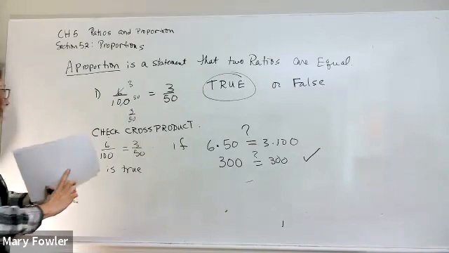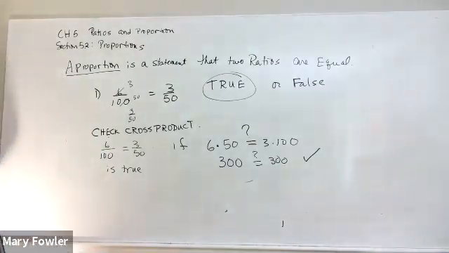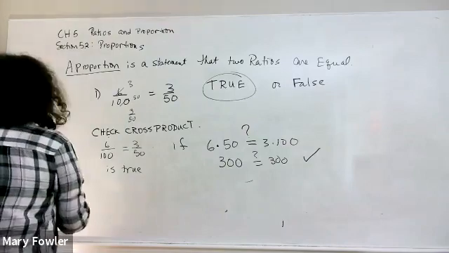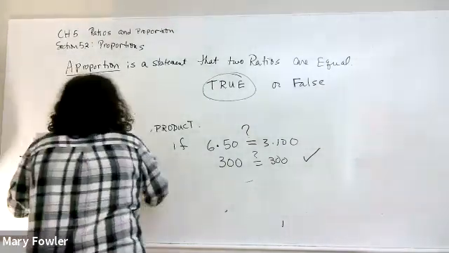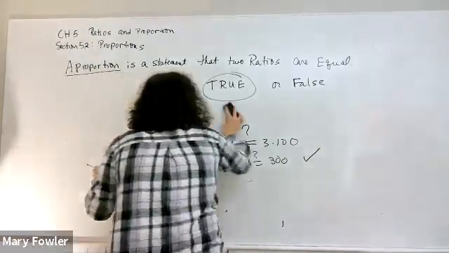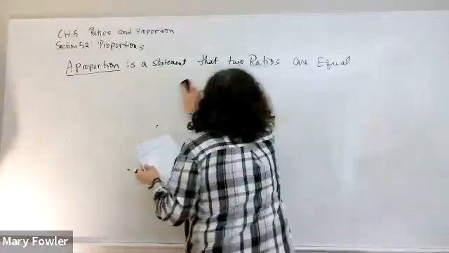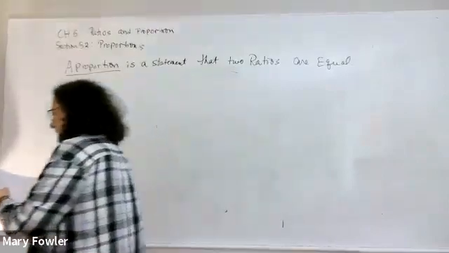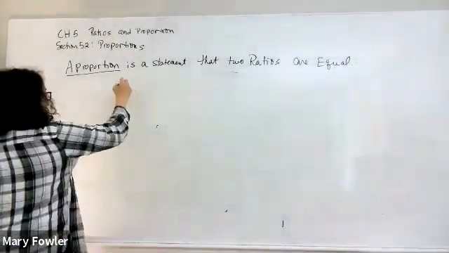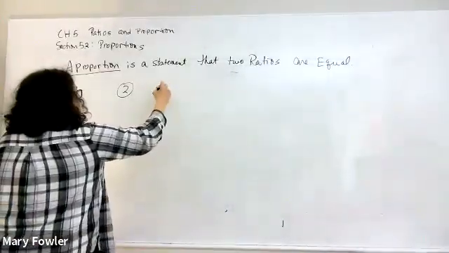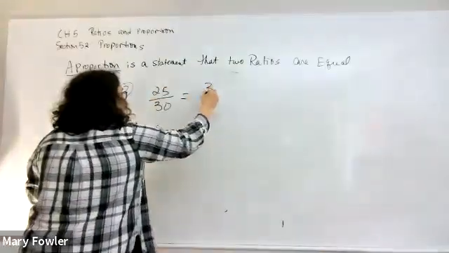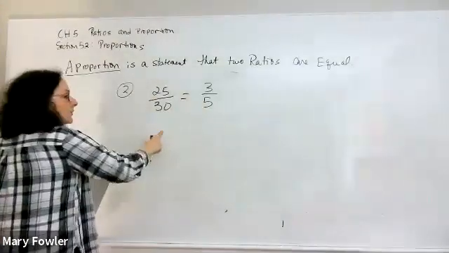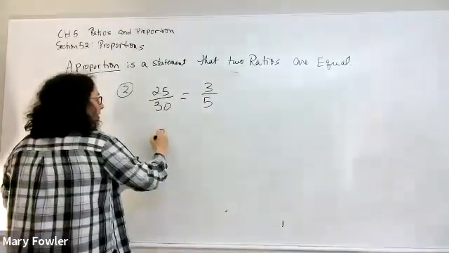Okay, so the next problem we're going to look at is another check to see if 25 over 30 is equal to 3 over 5. Let's go ahead and work on that. Number 2. 25 over 30, does that equal 3 over 5? So I'm going to just go ahead and check the cross products.